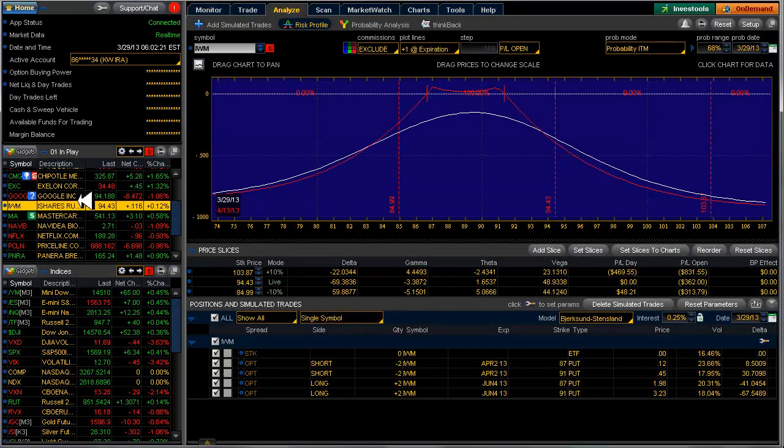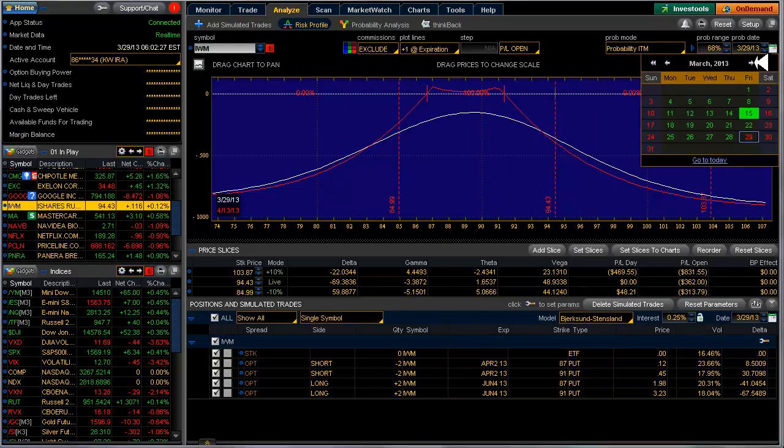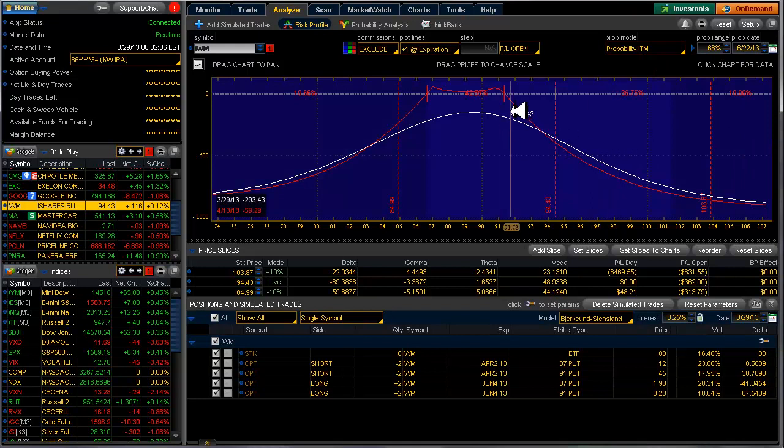So let's go to the Analyze tab and take a look at this. Still looking for this to do some sort of a correction like I mentioned, but we have a June expiration. And there's still a possibility that it may move down here.